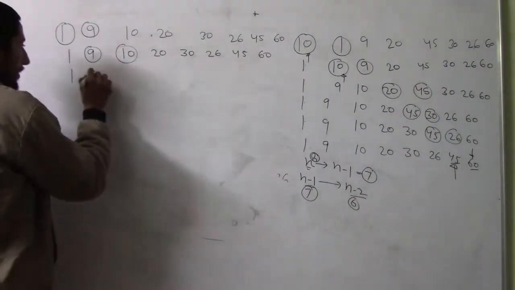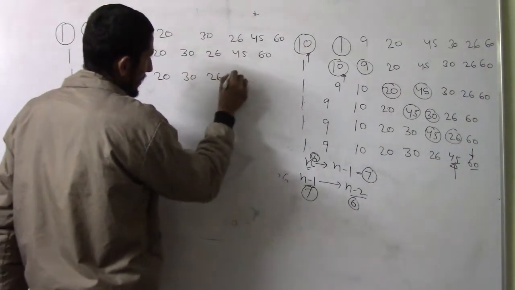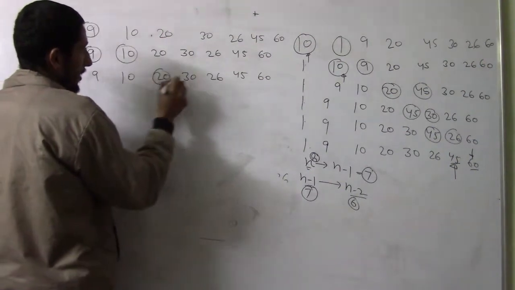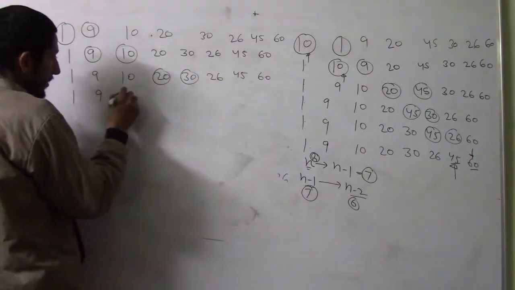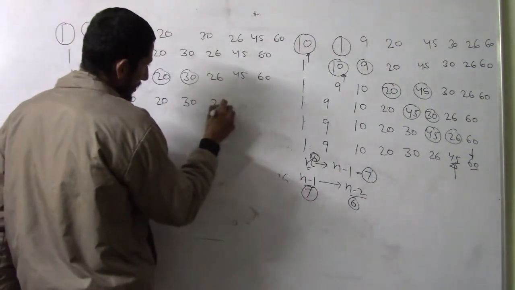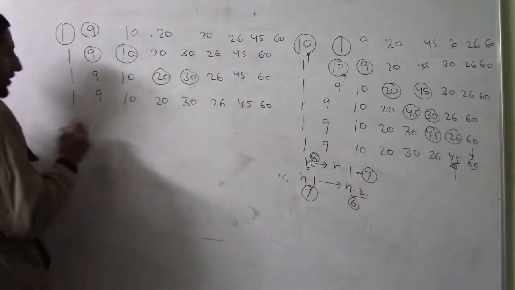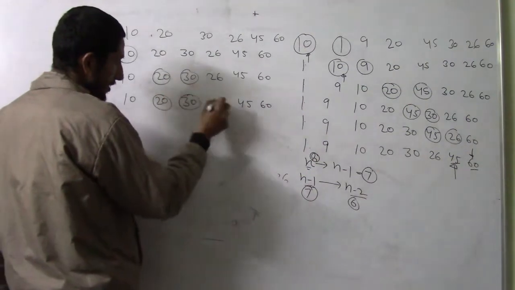So it becomes 1, 9, 10, 20, 30, 26, 45 and 60. Next time I will compare 20 and 30. Again compare, then content will remain as it is. There is no need to change the content. Okay. Next time what will happen? I will compare 30 with 60.